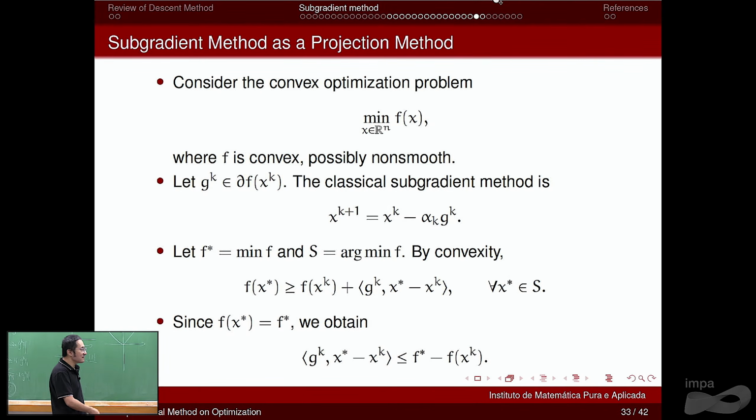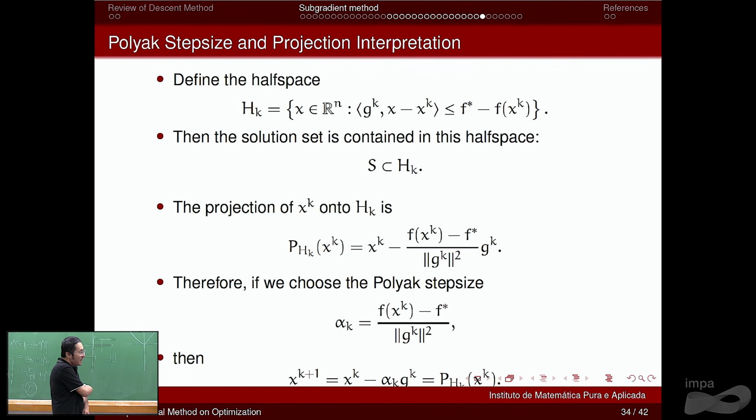And since we define F(x star) is F star, so we have this inequality. And we can define these half spaces defined by this inequality, and the element is x, okay? And you can check it very easily that the solution set belongs to H_k.